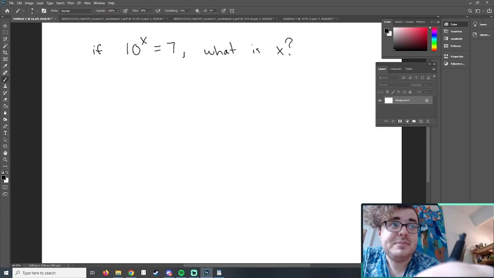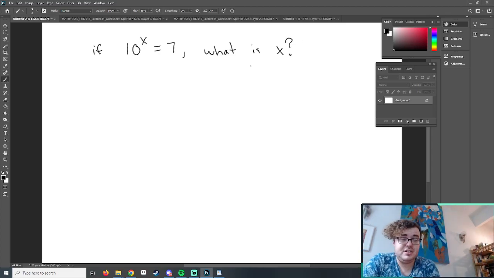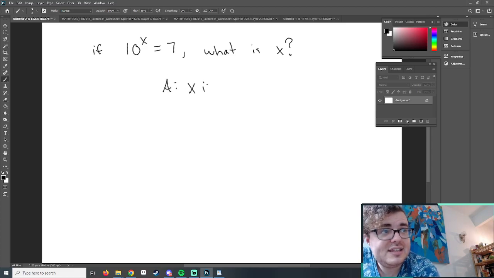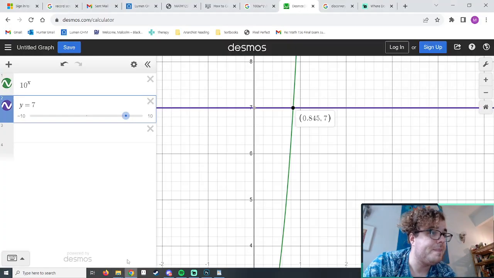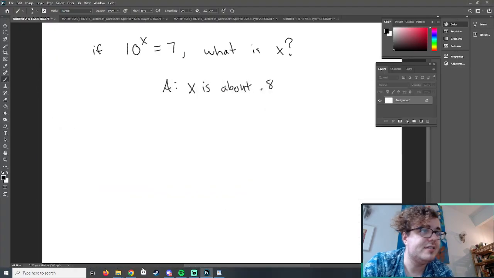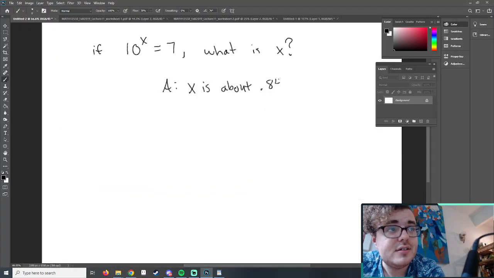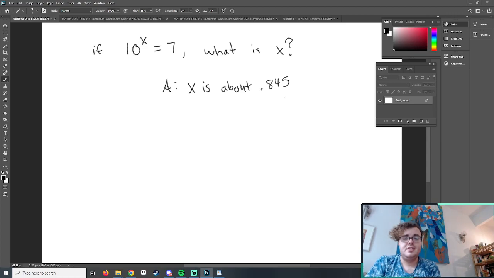And the computer seems to be able to get an answer, right? The computer just told us x is about 0.845. And so that begs the question, how the heck is the computer doing this?